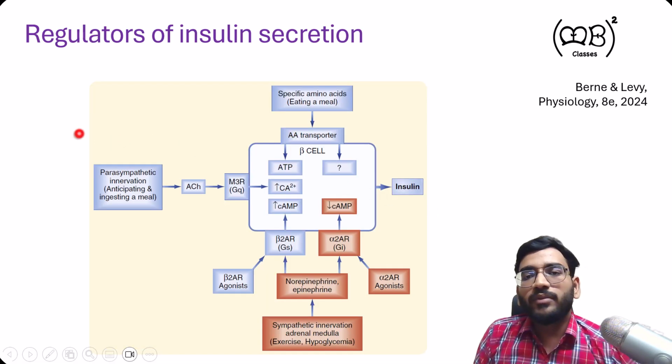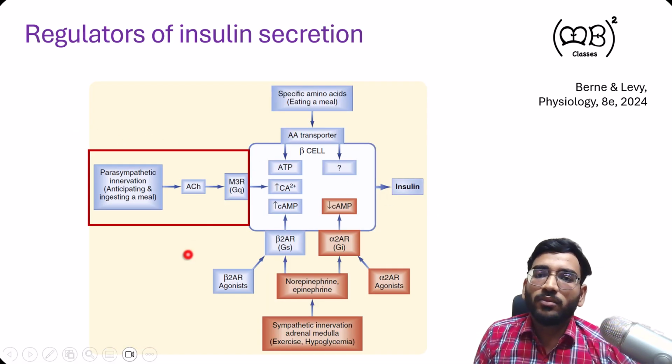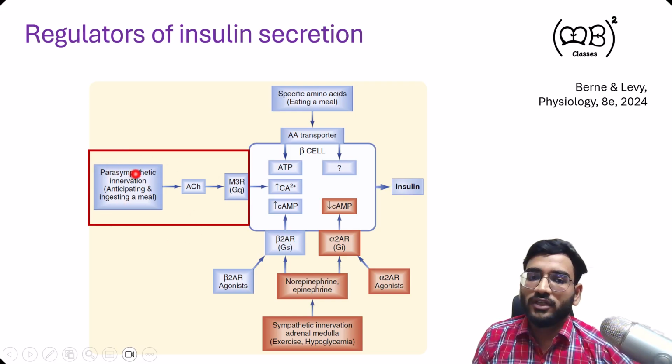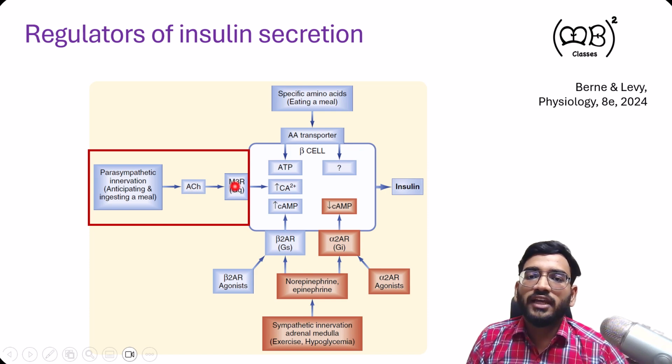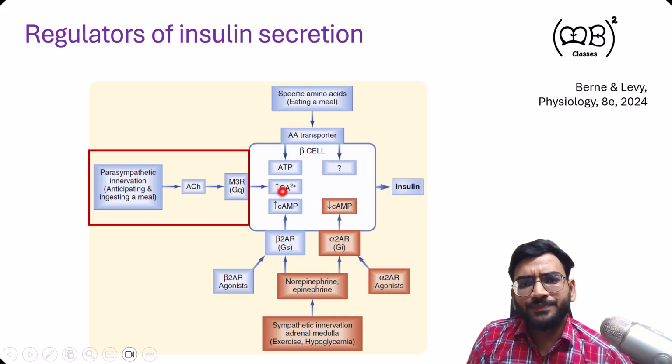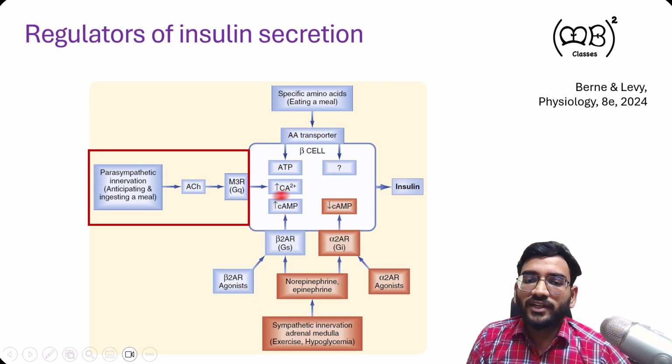So that was the primary stimulus, the glucose. The secondary stimulus for insulin secretion is the parasympathetic innervation. ACh is acetylcholine. Acetylcholine acts on the M3 receptor, which is a Gq type of receptor, which will lead to an increase in calcium inside the cell via the IP3-DAG pathway, and that increased calcium will lead to insulin release.